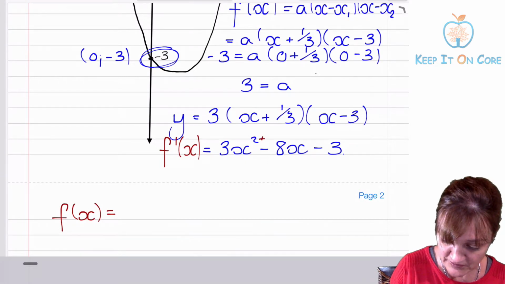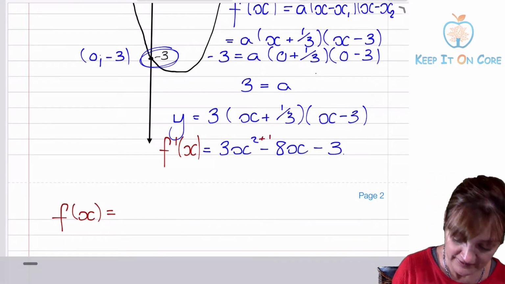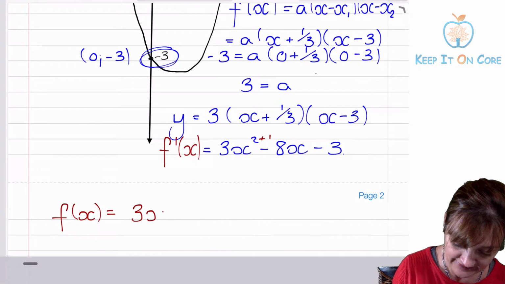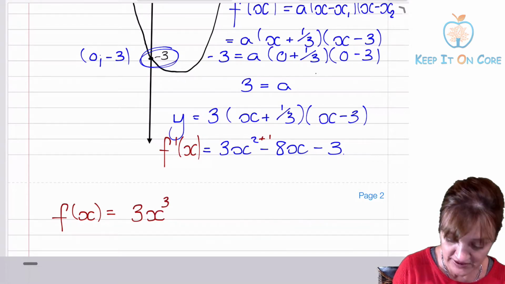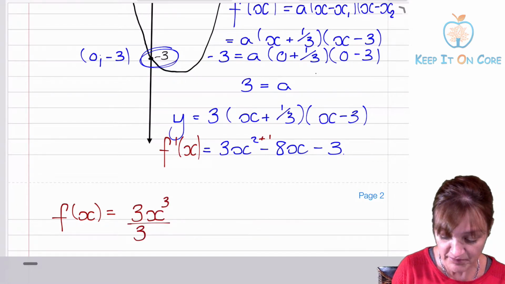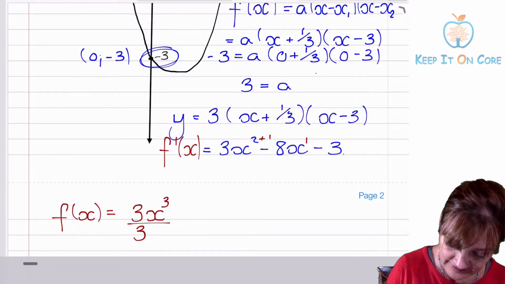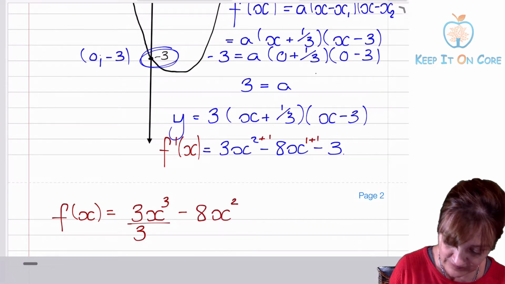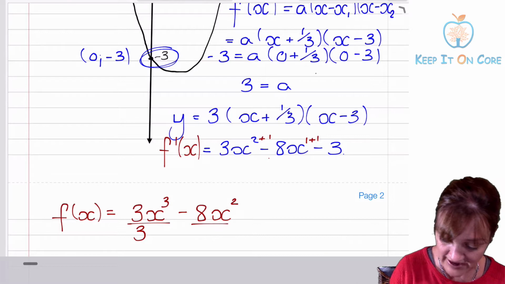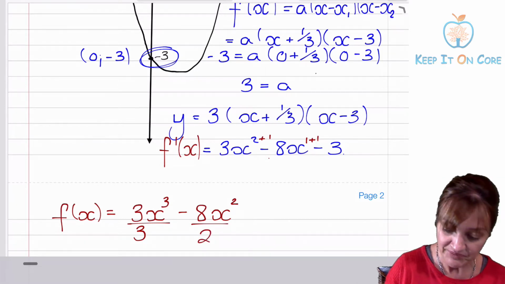And remember, the rule is we add 1 to our exponent. So we say 3x squared, and we added 1, so it becomes 3. And then we always divide it by that exponent. If there was a 1 sitting there already, I'm going to add another 1 to it. So therefore it becomes x cubed, and I have to divide it by that exponent.